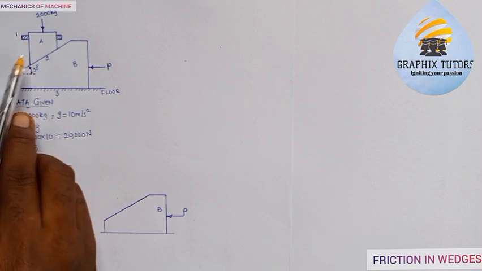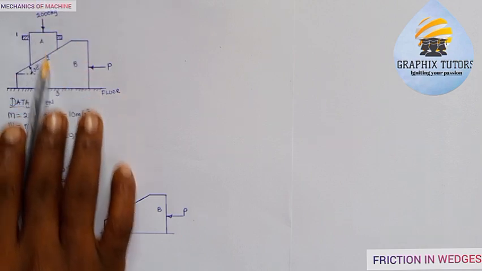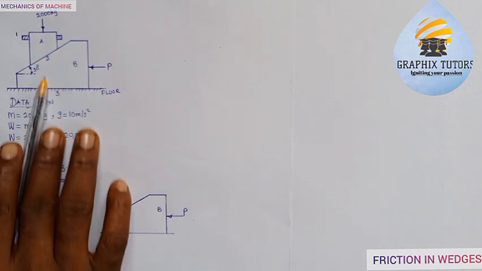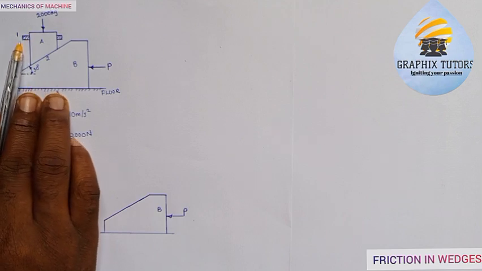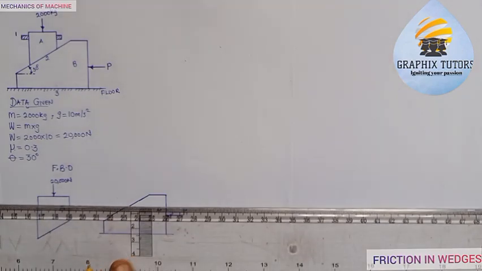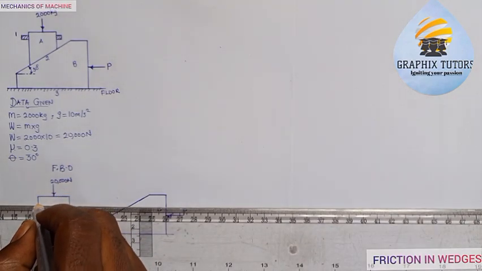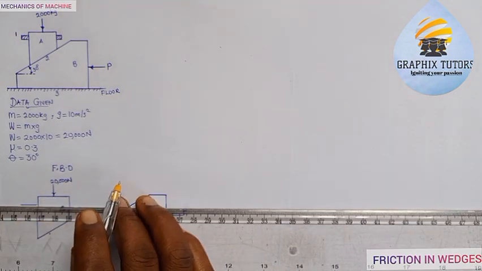What is the action? It is moving along the guide horizontally and vertically, upward and downward. So there's a contact. It is rubbing the surface of this guide. Because of that, there will be a reaction acting at that point.